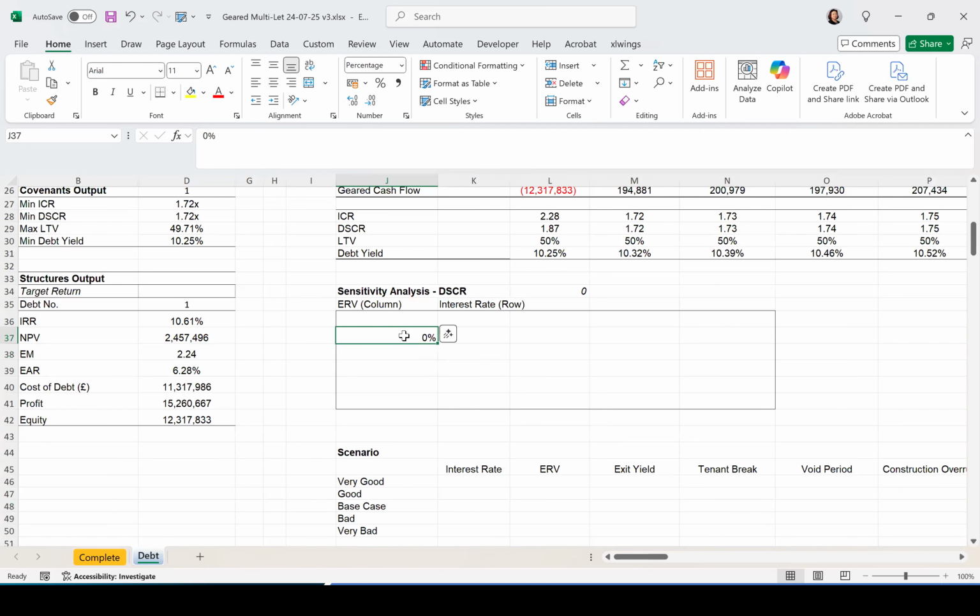So what makes more sense is to stress the ERV, and that's also another thing I would like to mention: you need to understand the economics of your model, because otherwise you might be stressing things like NOI. If you stress 10% every year, does it really change 10% every year?